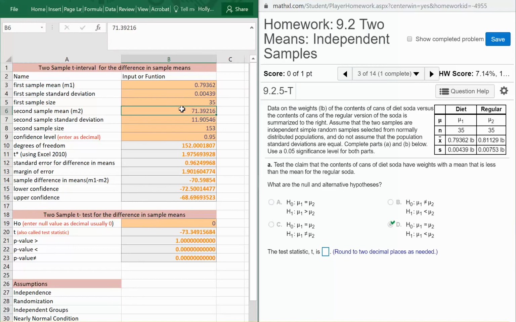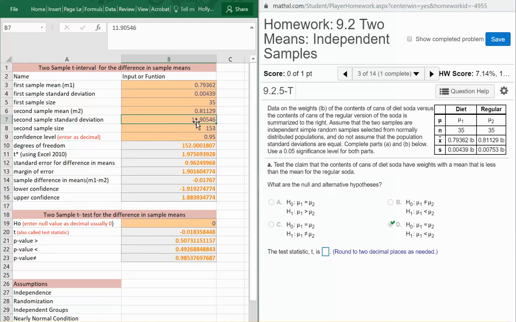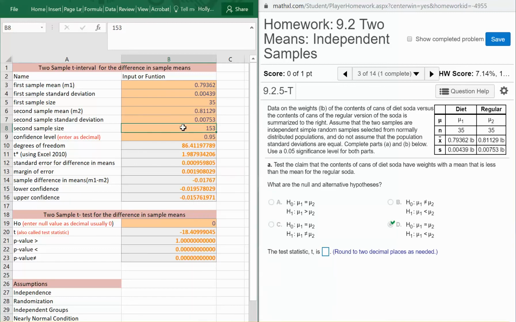Second sample mean for the regular soda, 0.81129. And standard deviation for the regular soda, 0.00753. And again, sample size is 35.